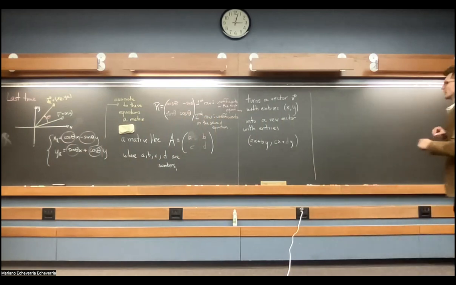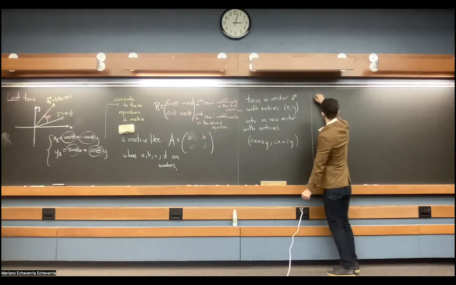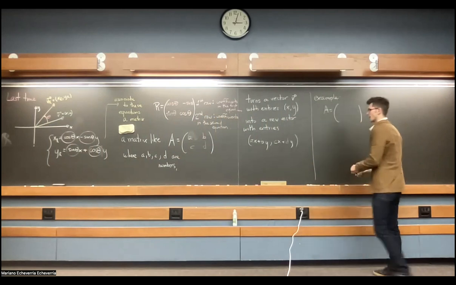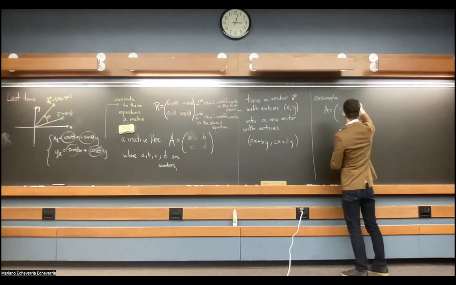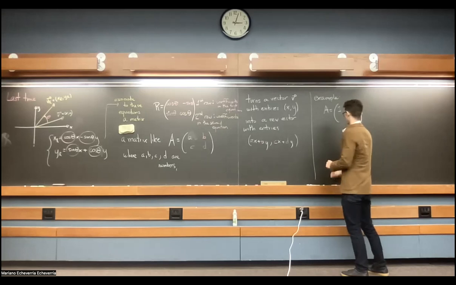So for example, let's try to do something very concrete. Let's say that the matrix I gave you had been 1, -1, and then 1, 1.